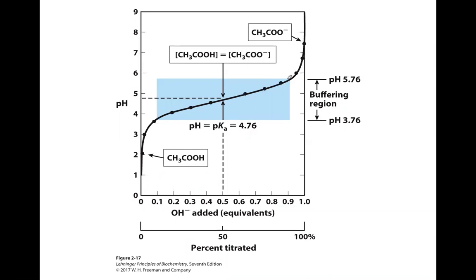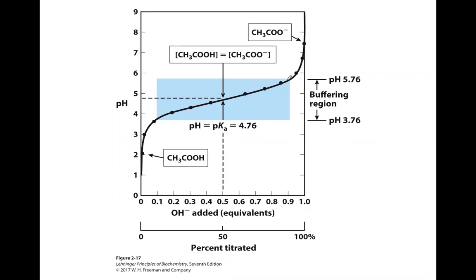But you can see this region here between pH 3.76 and 5.76. You can see how much base you've added. You've added between 0.1 and 0.9. So in other words, you've added 0.8 equivalents of the base, a huge amount of base, 80%, right? But the pH has changed by only 2 units.